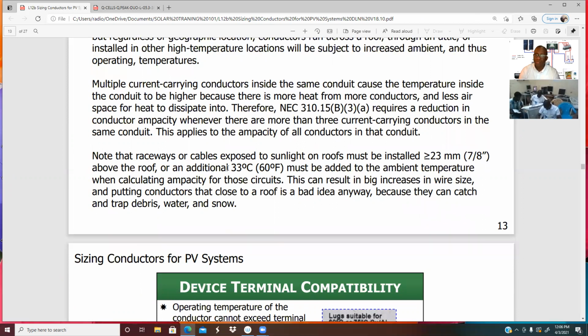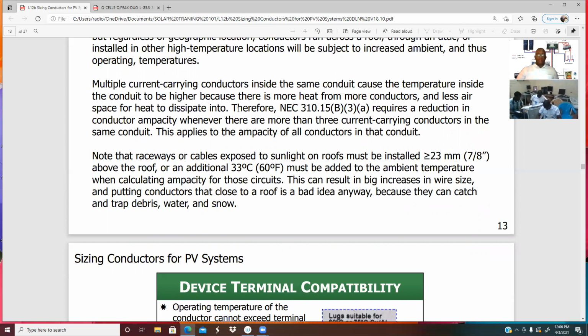This can result in big increases in wire size. Putting conductors that close to a roof is a bad idea because they can catch and trap debris, water, and snow.